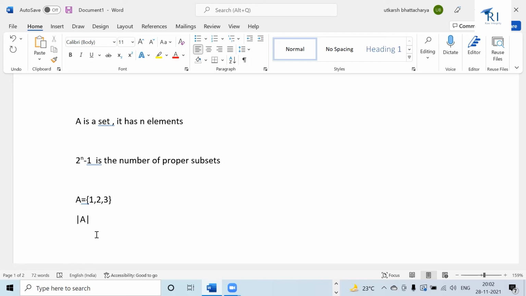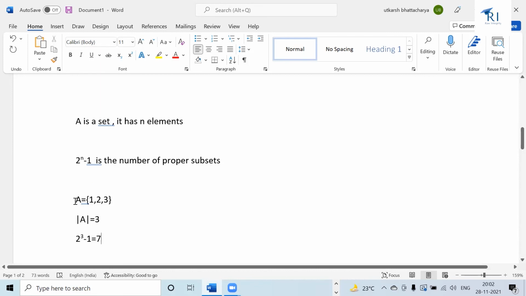In modulus. Modulus of A is equal to how much? 3. That is the number of elements. So now if we put that in the formula, 2 to the power 3 minus 1 equals 7. So basically this set A is going to have 7 proper subsets.